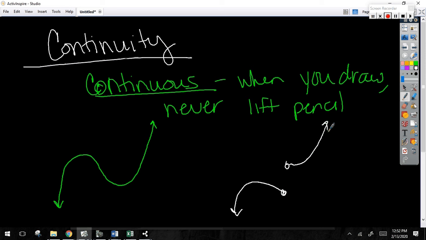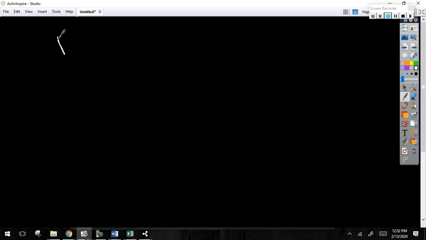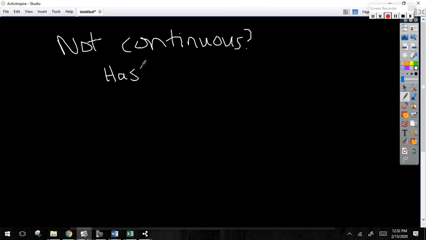If it is not continuous, we say it has a discontinuity. And so we're going to talk about some different types of discontinuities.